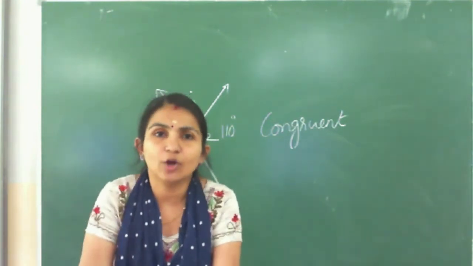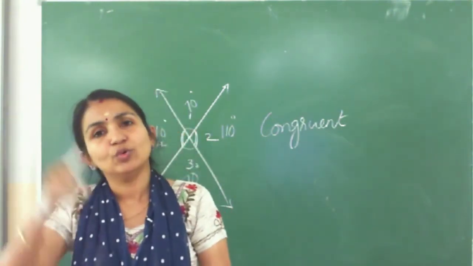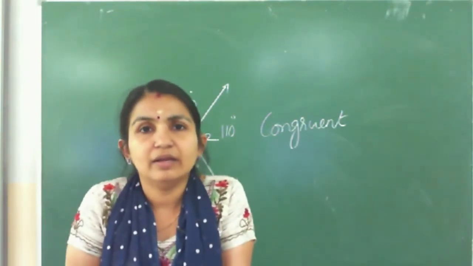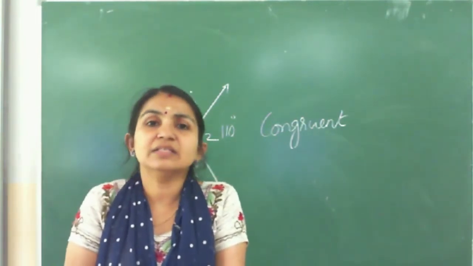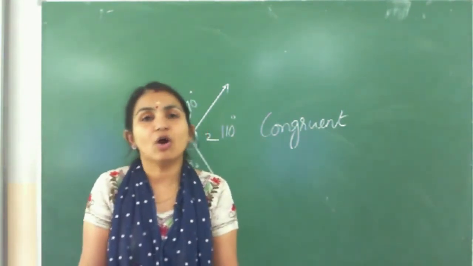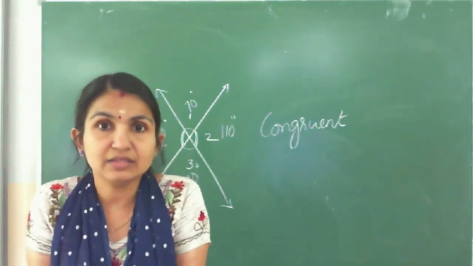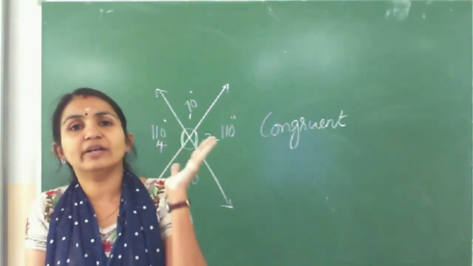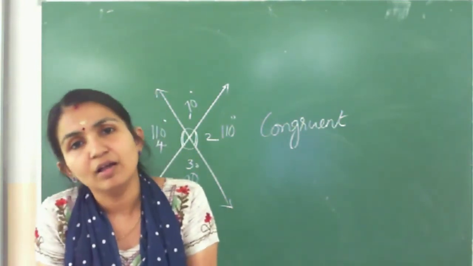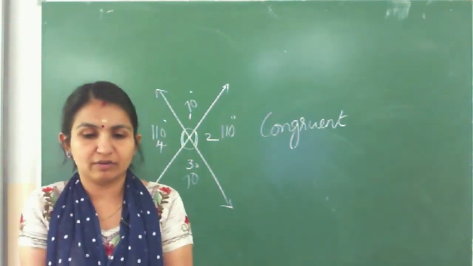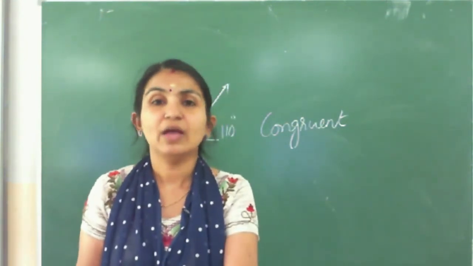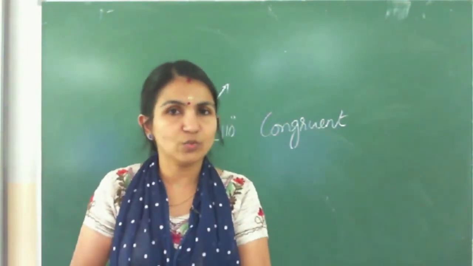Then vertically opposite angles, formed when two straight lines intersect, which are equal. The last one is congruent angles, or equal angles, whose measures are the same. So the different types of angles and their measures are clear to you.